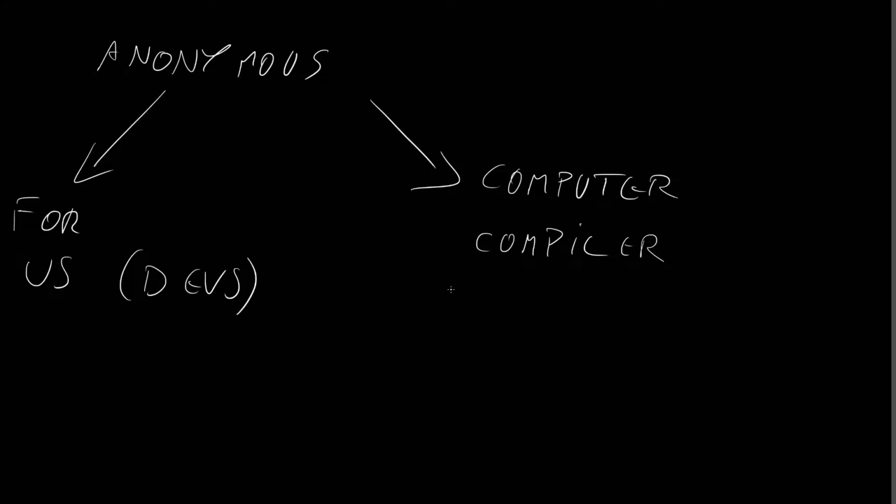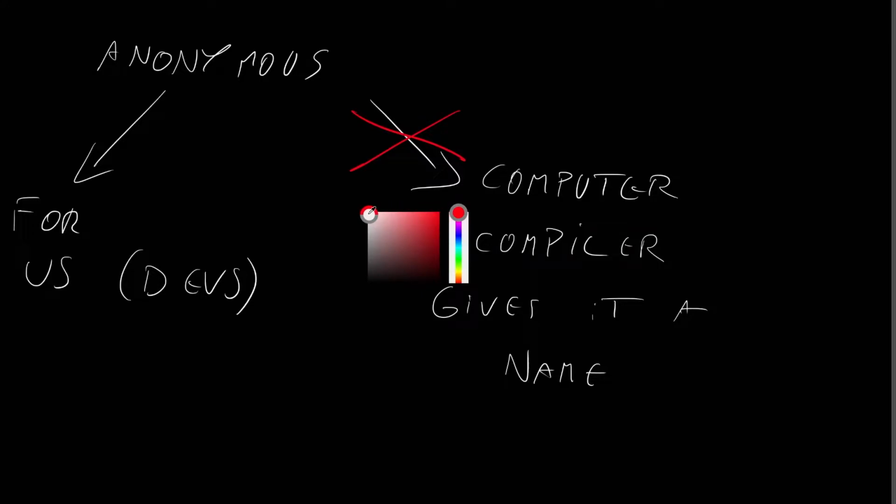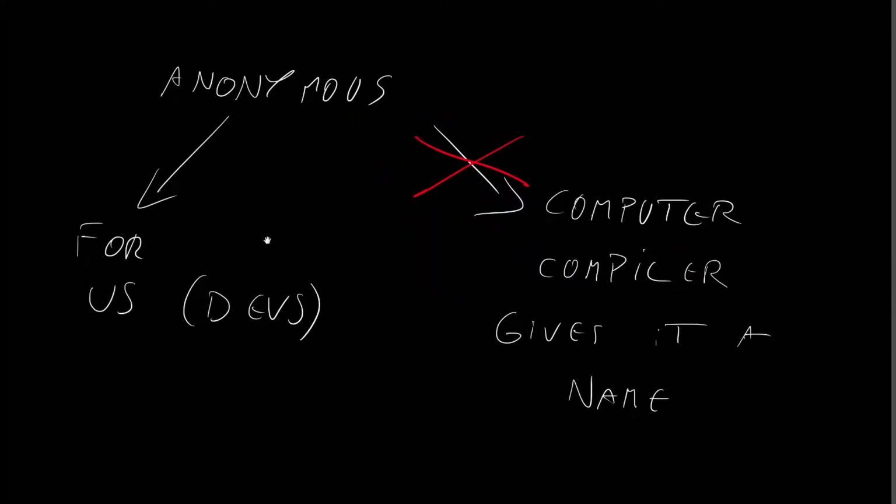The compiler gives it a name. So actually, this is not anonymous for the computer. So it's really only anonymous for us when we write it, because we do not need to give it a name. And for the computer, it is never anonymous because the compiler needs to generate one.